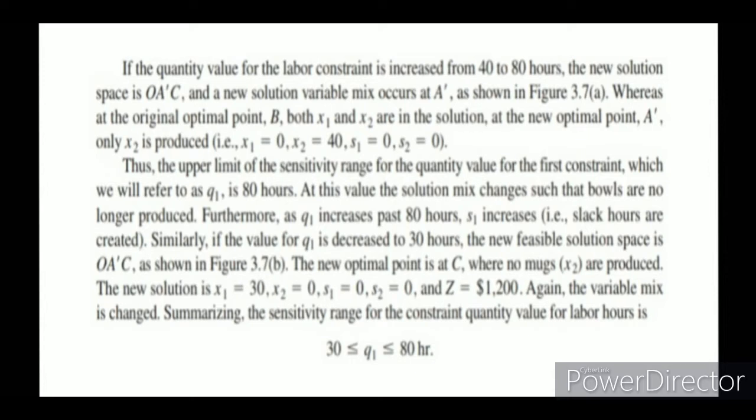The new solution is x sub 1 = 30, x sub 2 = 0, s sub 1 = 0, s sub 2 = 0, and Z = $1,200. In summarizing the sensitivity range for the constraint quantity value for labor hours, we have 30 ≤ q sub 1 ≤ 80.